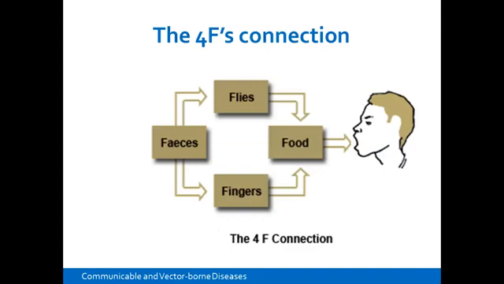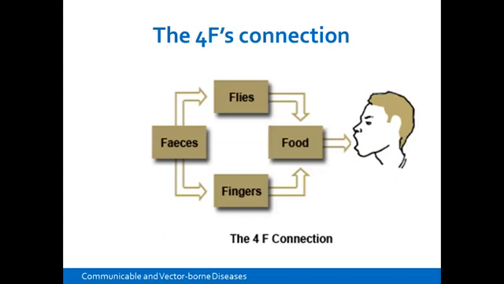Okay, so the 4 F's basically show us how we get this infection. We have flies that will contaminate, we have feces that has this bacteria, then we have fingers that are dirty and maybe contaminated, and food which is also contaminated.